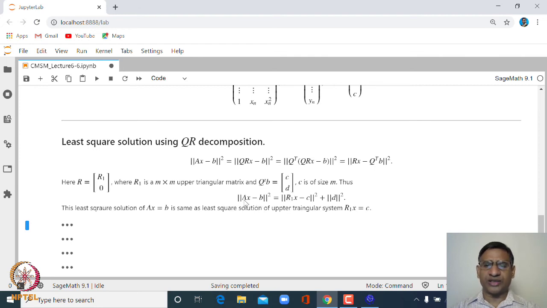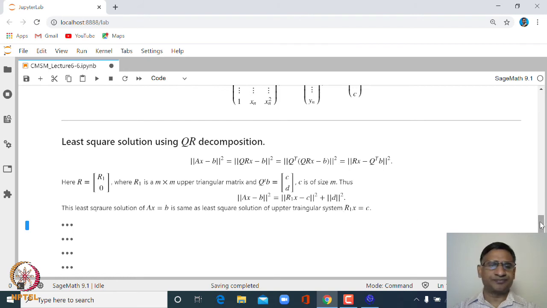Therefore, norm of Ax minus b whole square, which is norm of Rx minus Q transpose b whole square, will reduce to norm of R1x minus c squared plus norm of d squared, but norm d is actually a fixed constant. So, minimizing norm of Ax minus b whole square is the same as minimizing R1x minus c whole square. So, the least square solution of Ax equal to b is the same as the least square solution of R1x equal to c.